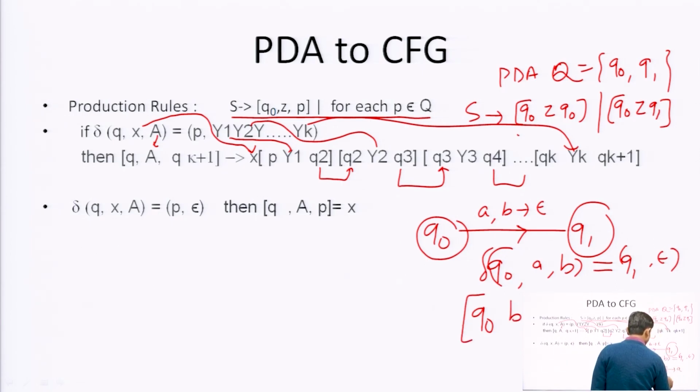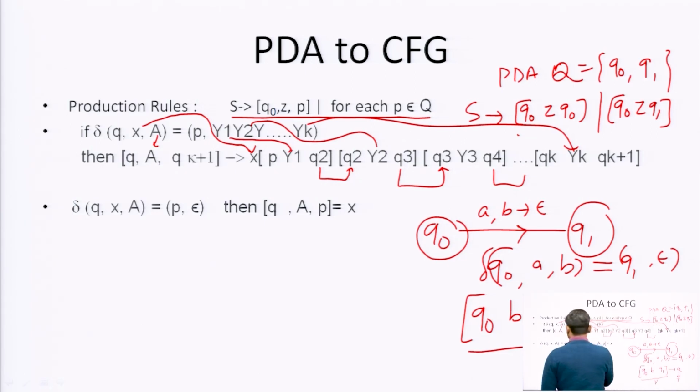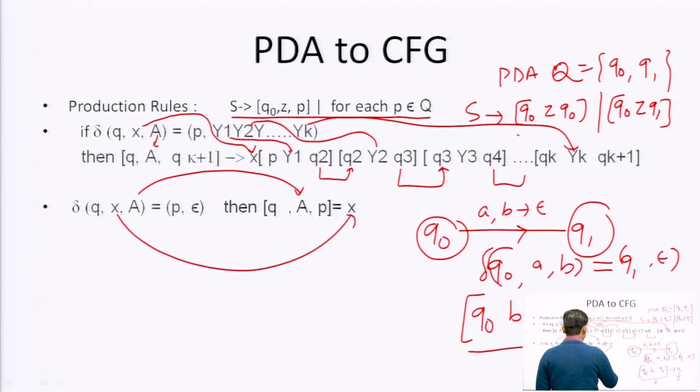So this is a variable and this is a terminal. Here you see what we did, this A comes here, X here, and this Q is here and P is here.